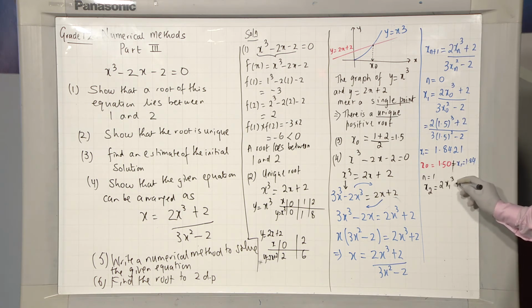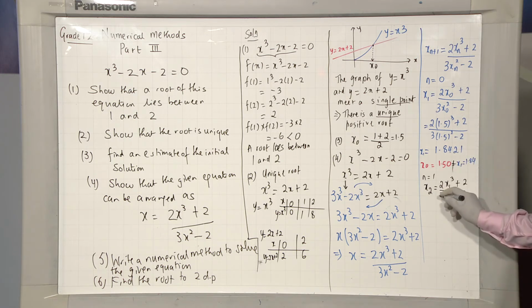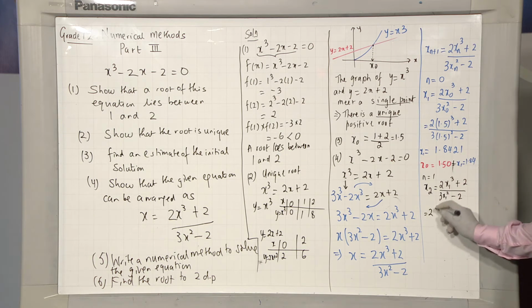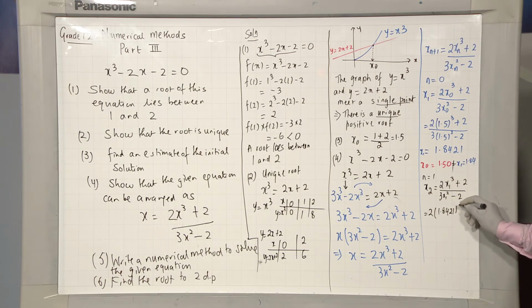x2, replace n by 1: 2x1 cubed plus 2 divided by 3x1 squared minus 2. Of course, as I said earlier, take the accurate 1.8421.